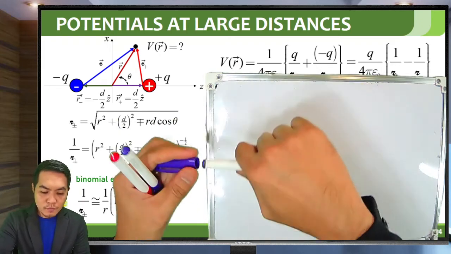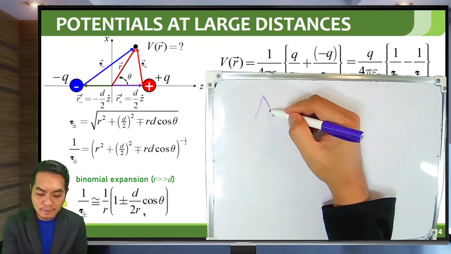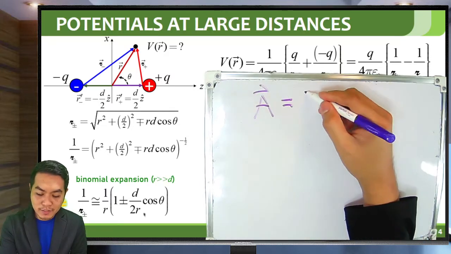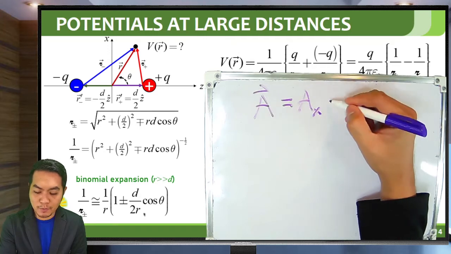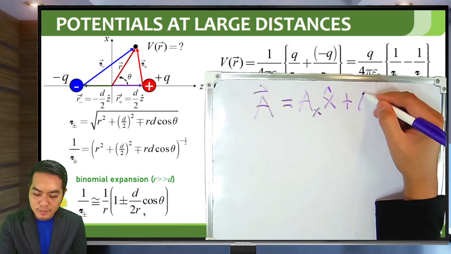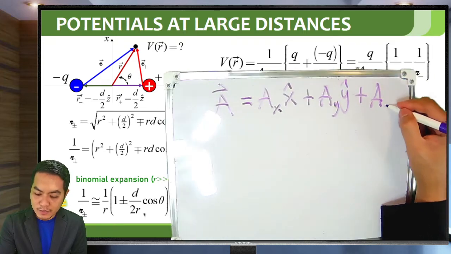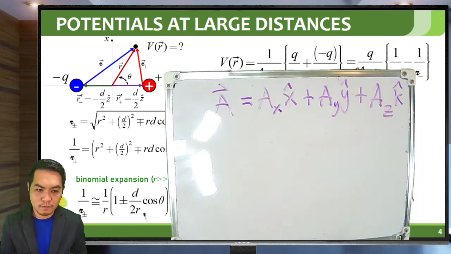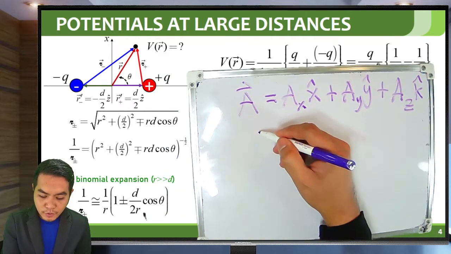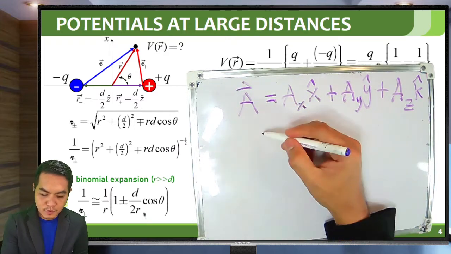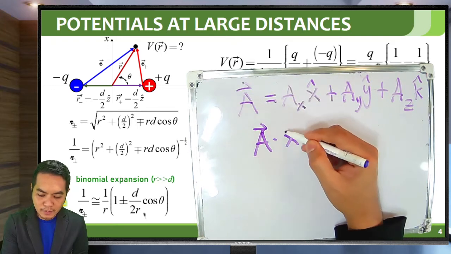So for instance, you have a vector a, and in Cartesian coordinates it has an x component, x hat, plus a y component, y hat, plus a z component, z hat. Say we take the dot product of vector a and x hat.